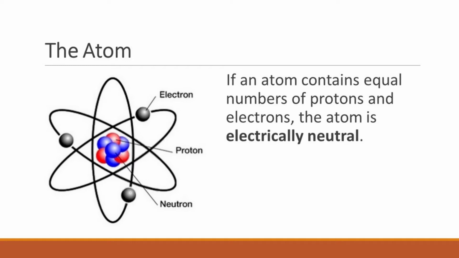Therefore, if an atom contains equal numbers of protons and electrons, the atom is described as an electrically neutral atom. So in order to have an electrically neutral atom, we need to have in the structure of the atom the same amount of electrons and protons.